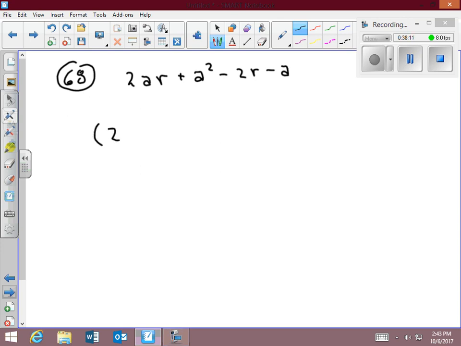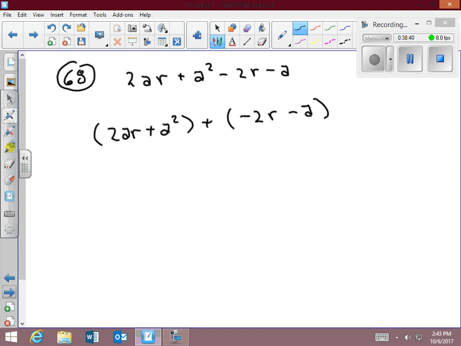Group the first 2 terms. Put a plus sign. Put my signed terms inside the second bracket. Look at the first 2 elements in that group. What do we got? Common factor of what?